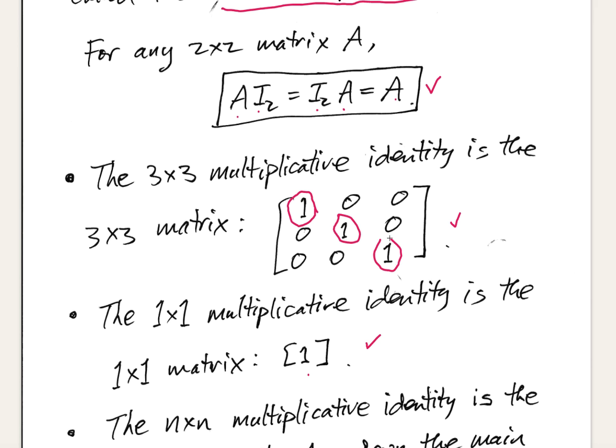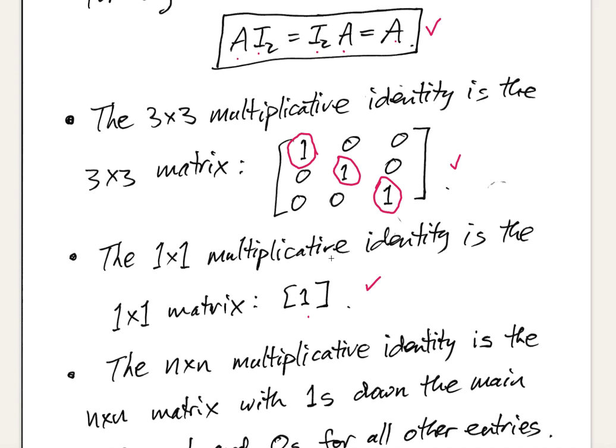To form the n by n identity, you make the main diagonal elements all 1s, and then 0s everywhere else. So all other entries are 0.